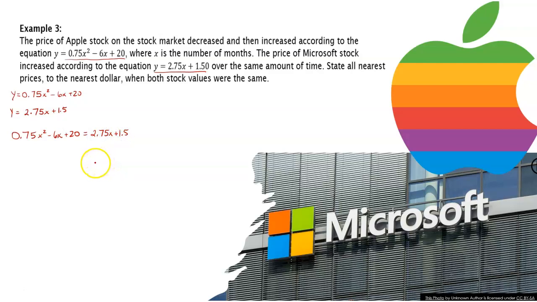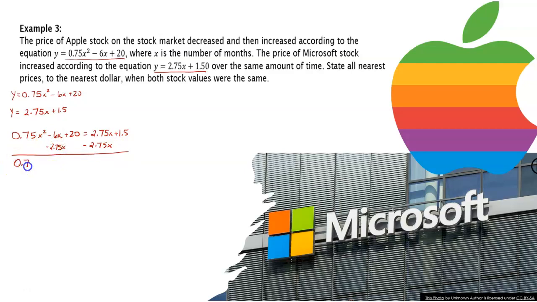Okay, our next step is to go ahead and set our equation equal to 0. So I'm going to subtract the 2.75x on both sides.